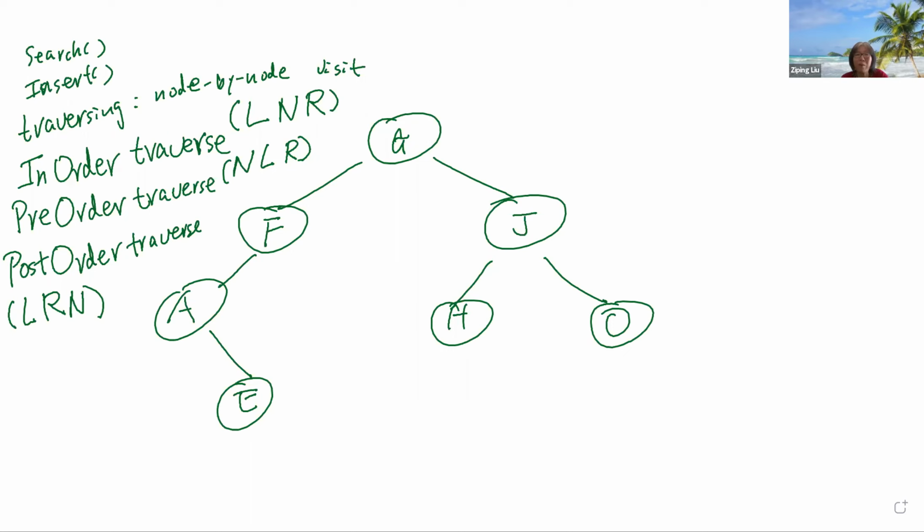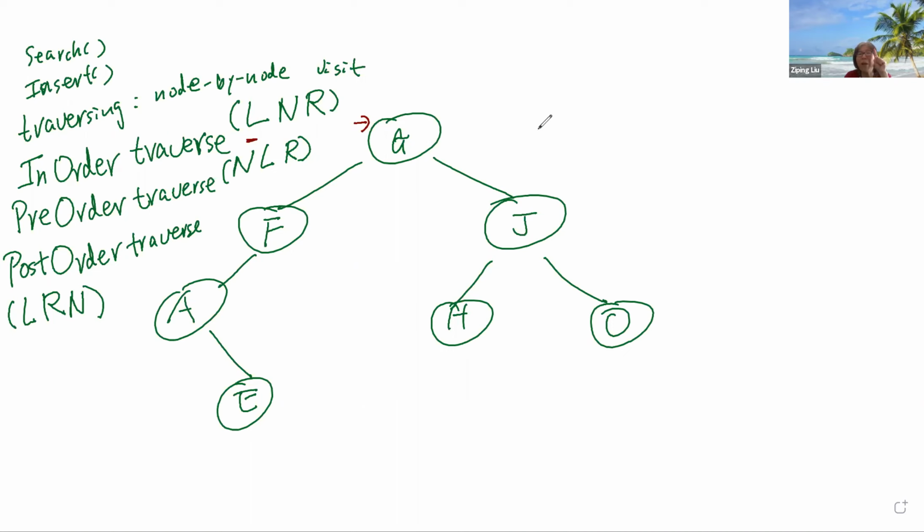Next, let's start with in-order traversing. In-order traversing says left first. For a tree, we only have that single instance, the root node. If you know the root node, you know the whole tree.